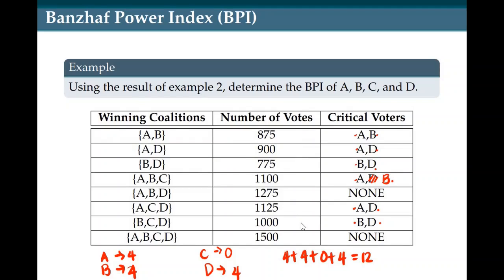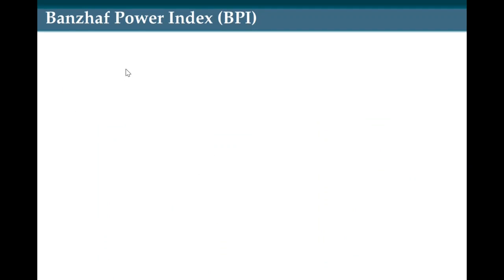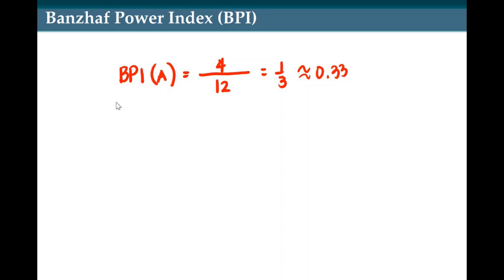So to compute the BPI of voter A, since voter A is a critical voter 4 times divided by the denominator 12, that is equal to 1 over 3, or approximately 0.33.